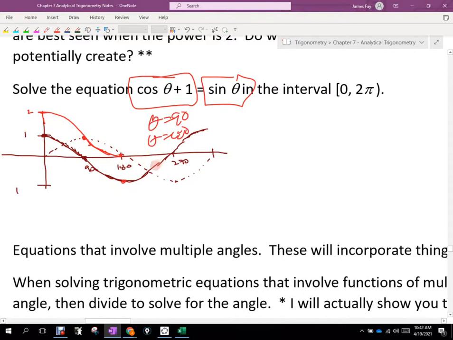And then if I move this solid one up 1 everywhere else, then that red curve never crosses the dotted one again. So I've got my two solutions, 90 and 180. And I used my visual understanding of the sine and cosine curves. Okay.